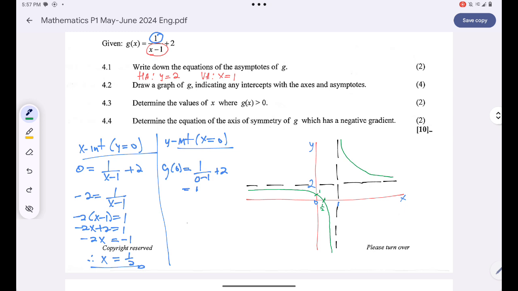Now they want us to determine the values of x for which g of x is greater than 0. When they say g of x is greater than 0, they simply want us to show the values of x whereby our graph is above the x-axis. Whenever I move from the x-intercept, which is a half, going to the left, my graph is above the x-axis.